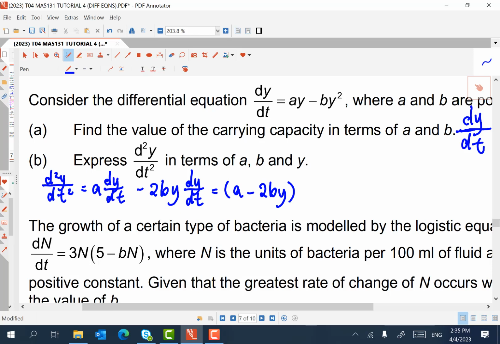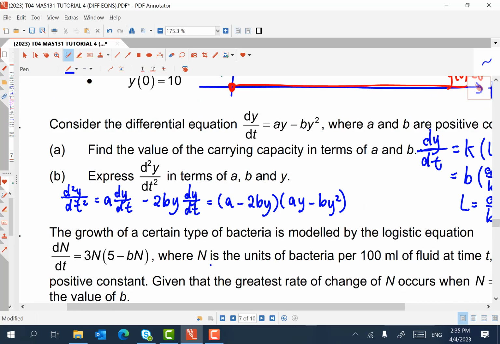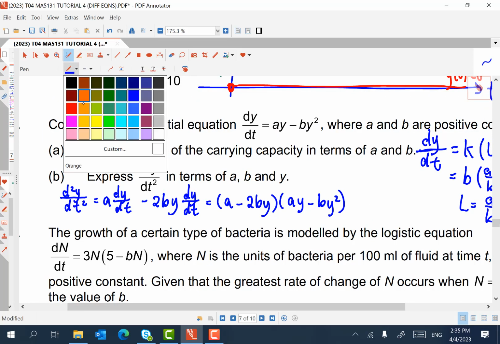In place of dy/dt we write ay minus by squared. That's simple. I'm just replacing the dy/dt using the original.